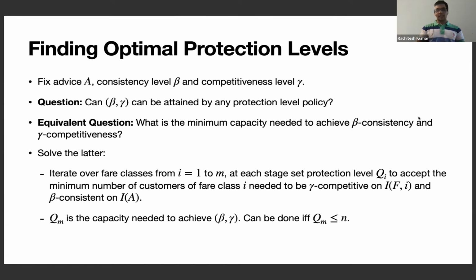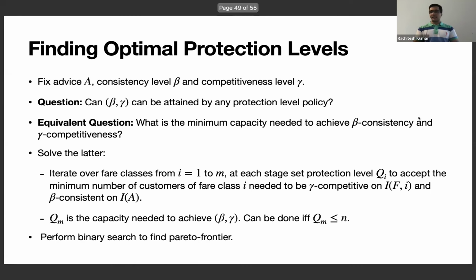And then if the final amount that you picked is less than n, you can achieve it, otherwise you can't. And then we perform a binary search using the subroutine to find the Pareto frontier and the best protection levels. The main result here is that this simple greedy procedure does in fact compute the optimal protection levels. And we couldn't do this through an LP because the behavior of protection levels is nonlinear and non-convex.